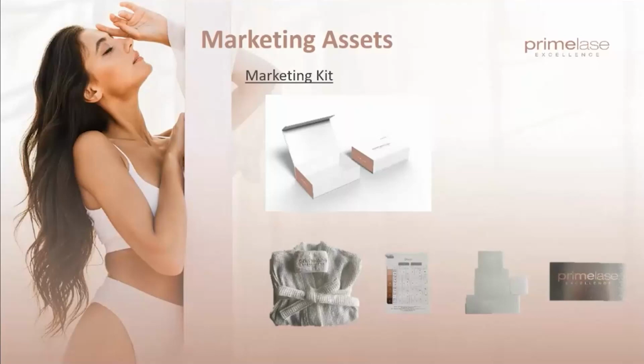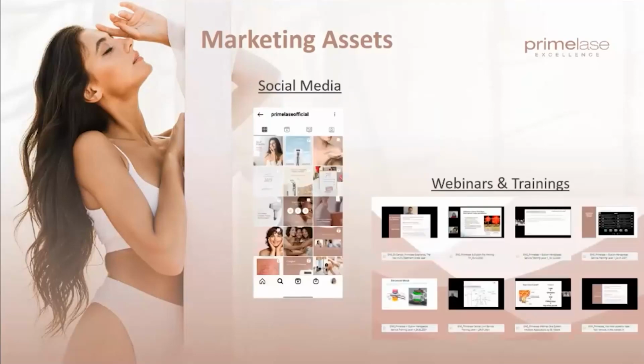It contains a sign for the clinic, saying they have Primelase, excellent, and very important, these squares that you can see here. Those are silicone molds that have different lengths, and they are very, very useful because you use them with a white pencil, and the physician or the person that is doing the treatment can mark the area where the treatment is going to be done. So this is something also very helpful for the use of the treatment.